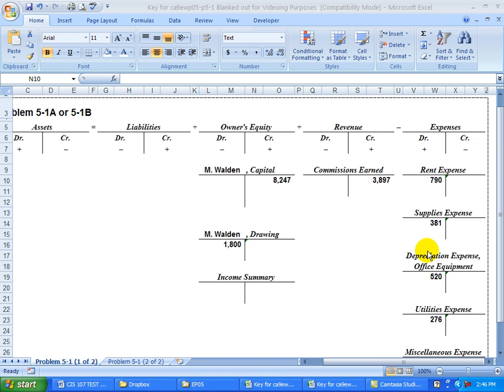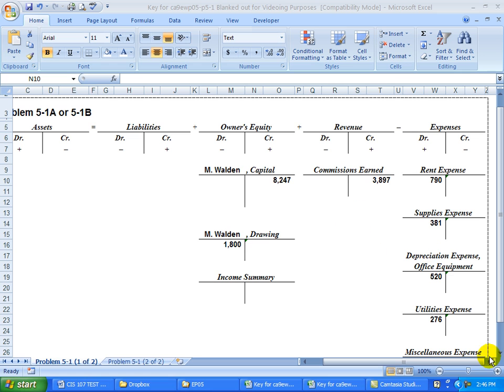So I'm going to start with the information that's on page 174, where it gives information from lines 7 through 14 on that worksheet. We're not concerned with the assets or the contra assets or the liability accounts, but just everything from capital on down.